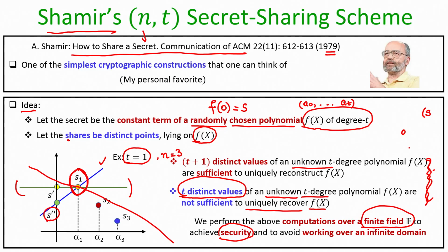I may not leak the exact value of the secret, but I may be leaking some information regarding its possible range. And also if I pick the coefficients of the polynomial and the shares from the integers, then I will be working over an infinite domain, which I would not like to do. So, that is why everything is embedded in a finite field.